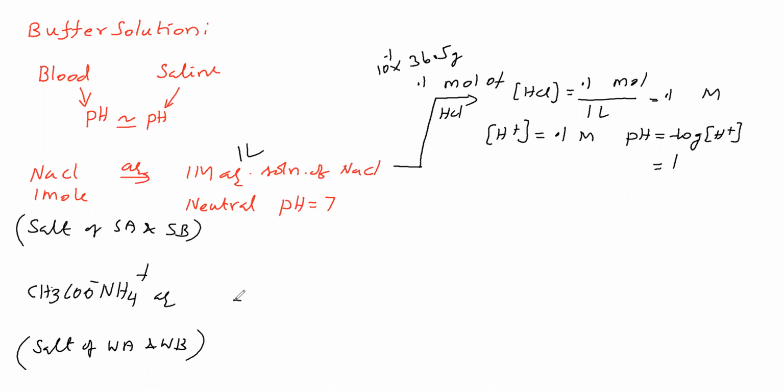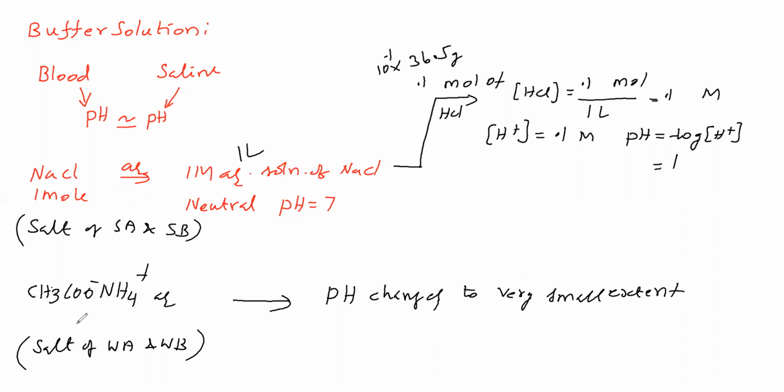Now do this. If you do like this, here also pH changes, but pH changes to a very small extent. But here pH changes drastically. Here pH changes drastically; here pH changes to a very small extent.